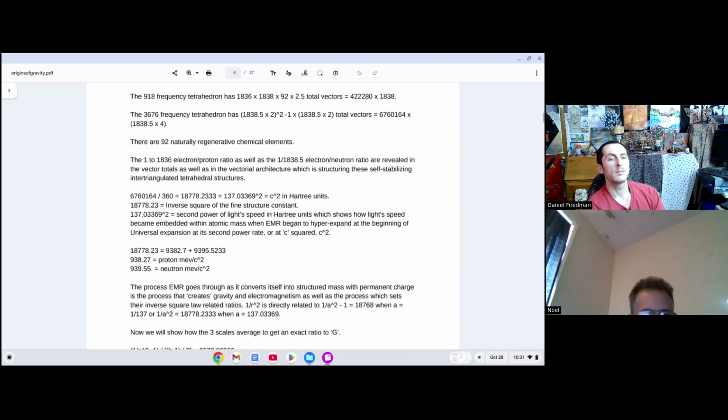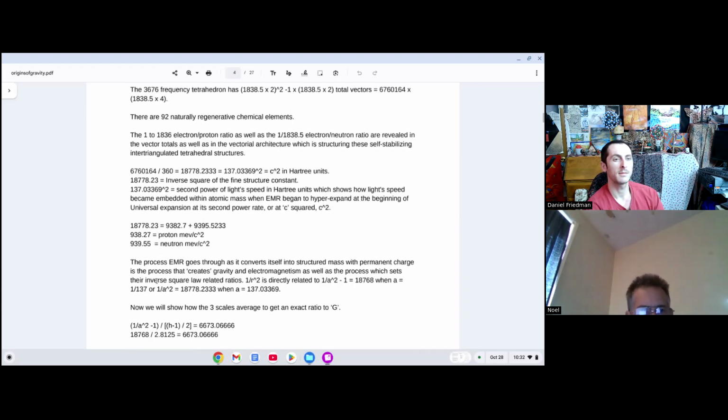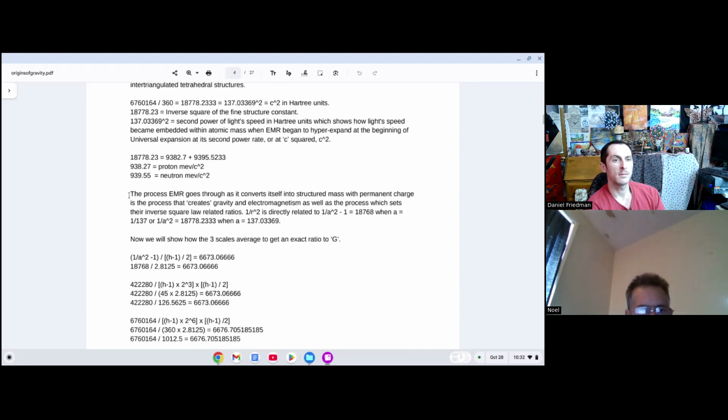Well, notice that this number right here, which is basic math, 667 divided by 360, gives us the inverse square of the fine structure constant. As revealed by synergetics, we get the exact proton and neutron mega electron voltages. So see, there are just too many coincidences within this whole metric I discovered to think that it's all just coincidence.